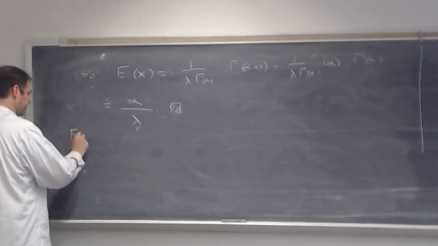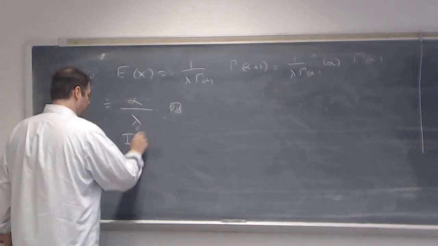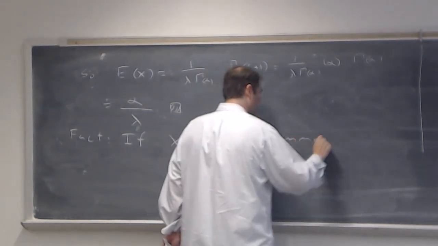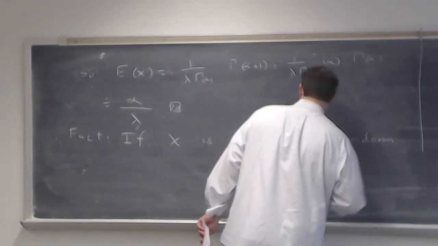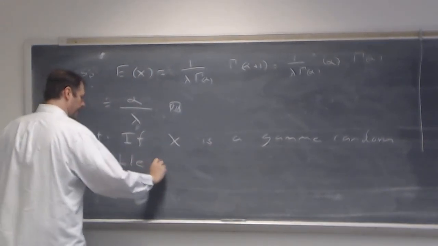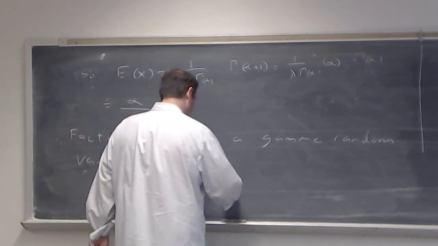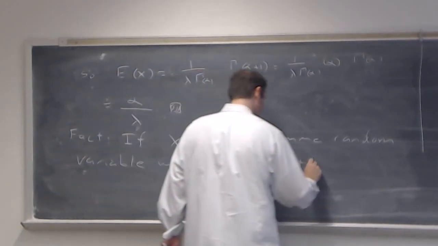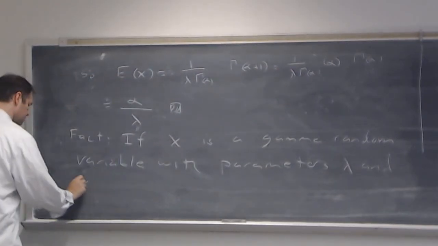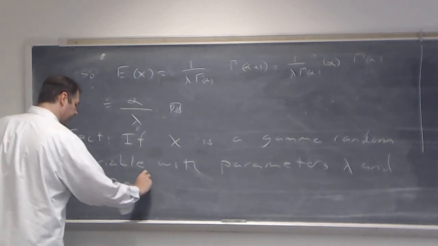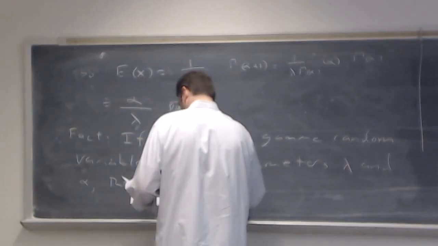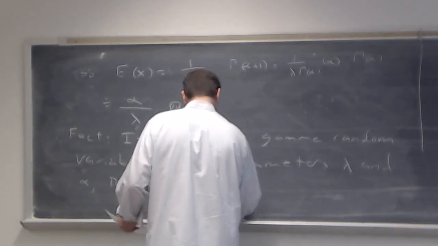Okay, fine. As a fact, if x is a gamma random variable with parameters lambda and alpha, then the variance of x is equal to alpha over lambda squared.